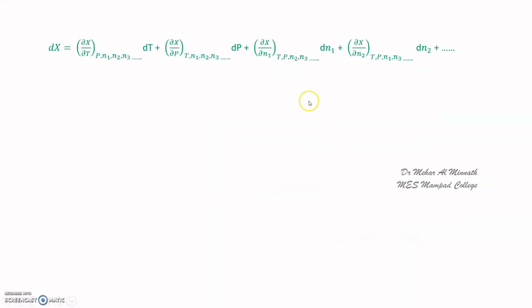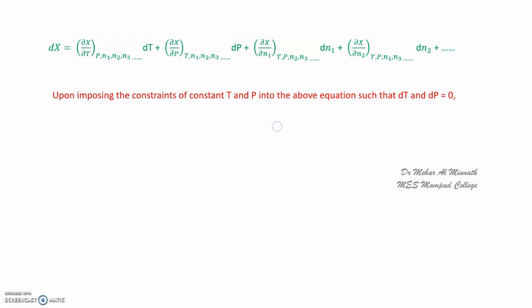Now we have this equation, the differential equation. The equation for the change in the extensive property X with respect to various properties, like various components of the system. Now here, if we impose the constraints, that is, if we say that temperature and pressure are constant, then dT and dP will be 0.